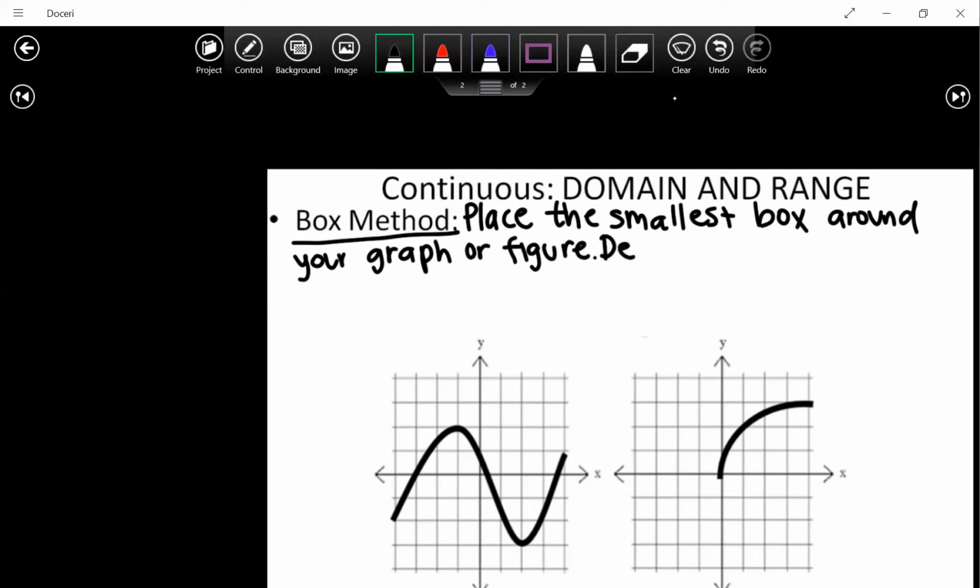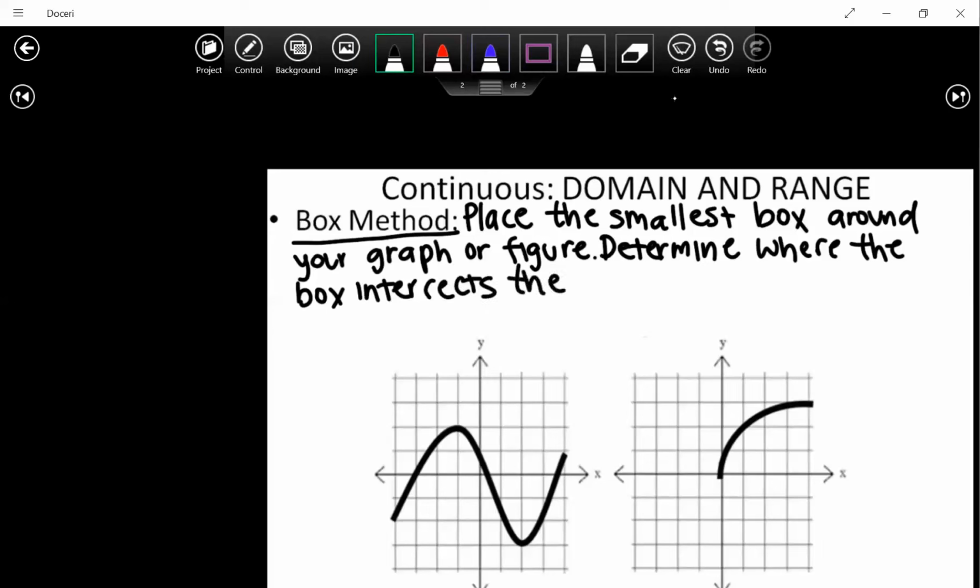Then you want to determine where the box intersects the x and y axis. Okay, and we're going to try to figure this out.